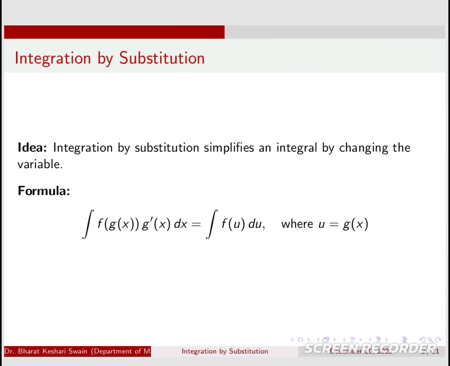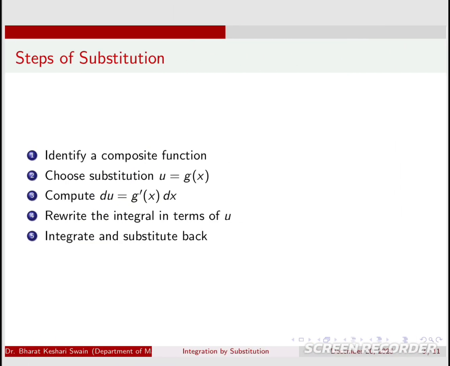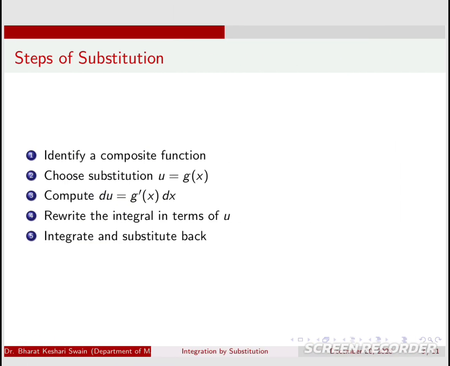Come to the next slide. These are the steps of substitution. First, identify a composite function, what is to be integrated. The next step is choose the substitution, that u equal to g(x).